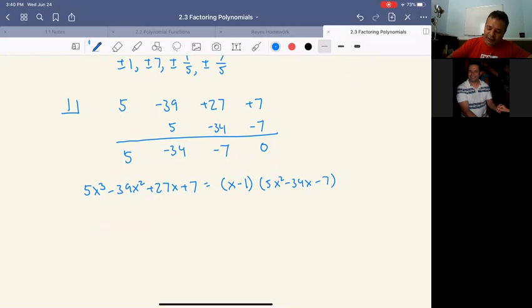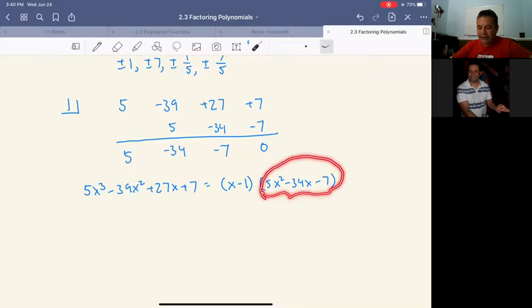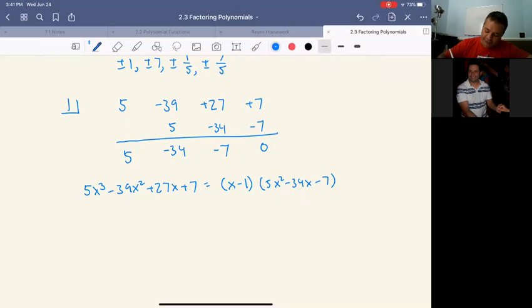We can still factor this. Now, my rule is if I can factor it, I'm going to factor it. If not, when I see a quadratic, I'm going to use the quadratic equation. I can see where this factors because I know 5 times 7 is 35. 35 minus 1 is 34.